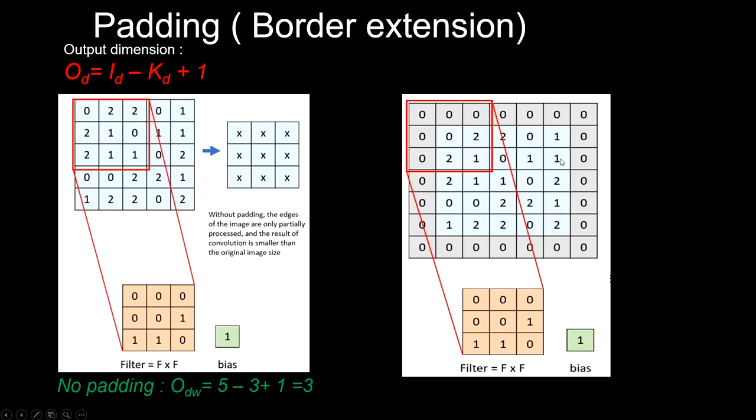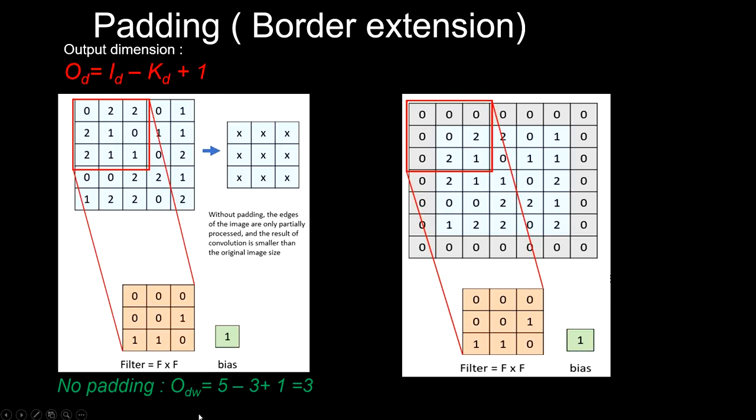Now if we perform the convolutional process, your output dimension will be the same as the input dimension. You don't have any reduction of dimension when you perform the convolutional process. Previously, without padding, your output dimension equation was input minus kernel dimension plus 1.